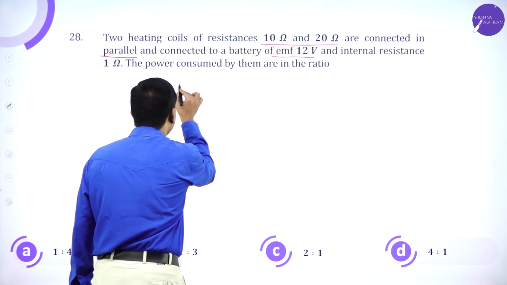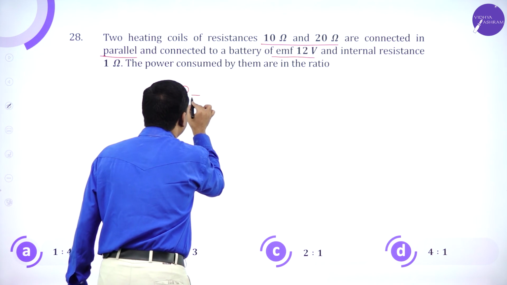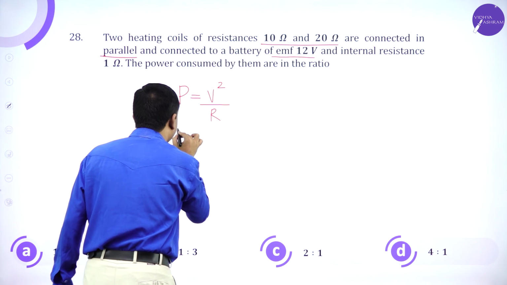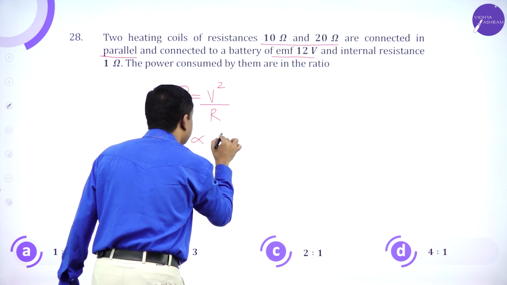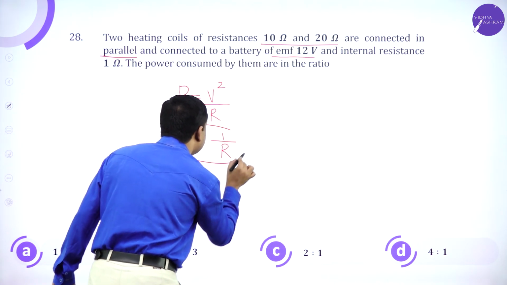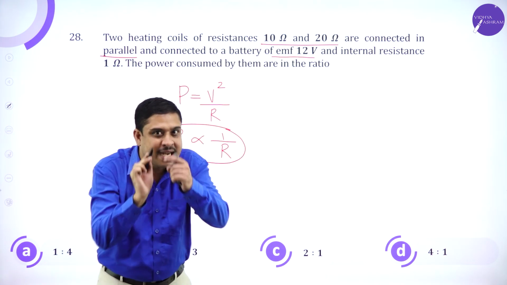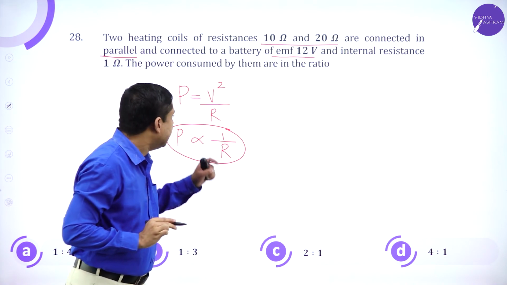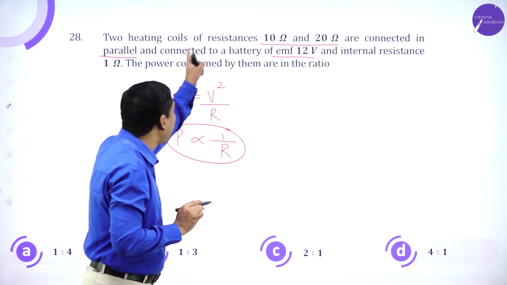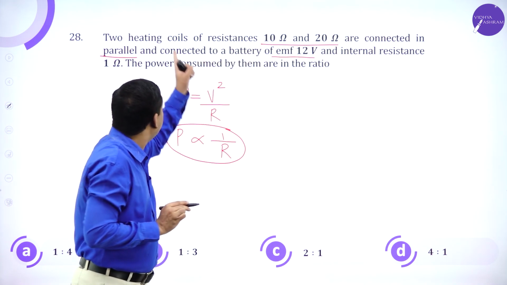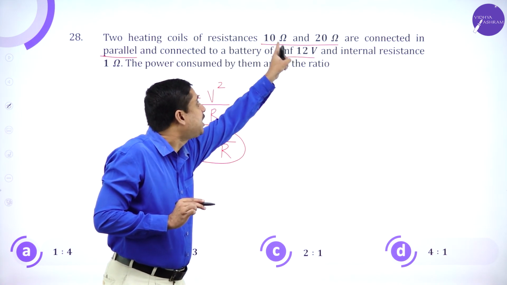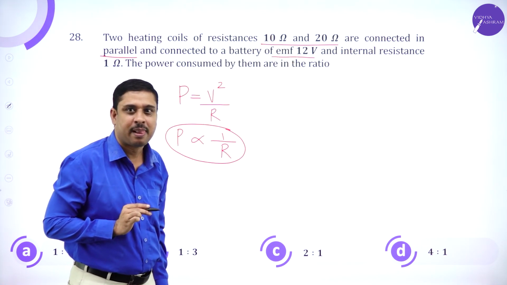Now, I say P is V square by R, from which P is proportional to 1 by R. Please understand, friends, this equation supports the question because both the heating coils are connected to the same source.